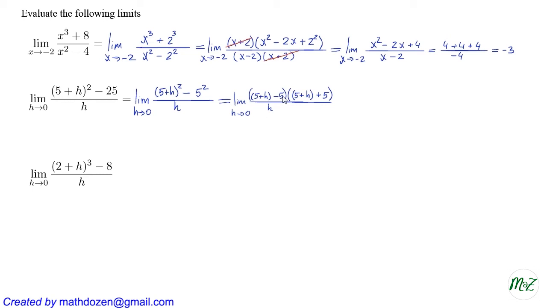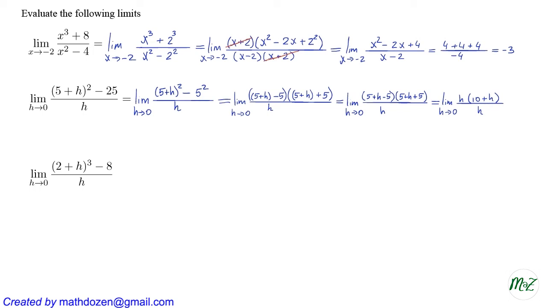So a minus b is here, and a plus b is there. Okay, and simplifying this slightly further, we have 5 plus h minus 5, and then we have 5 plus h plus 5. Since 5 plus h minus 5 simplifies to be just h, and 5 plus h plus 5 simplifies to be 10 plus h.